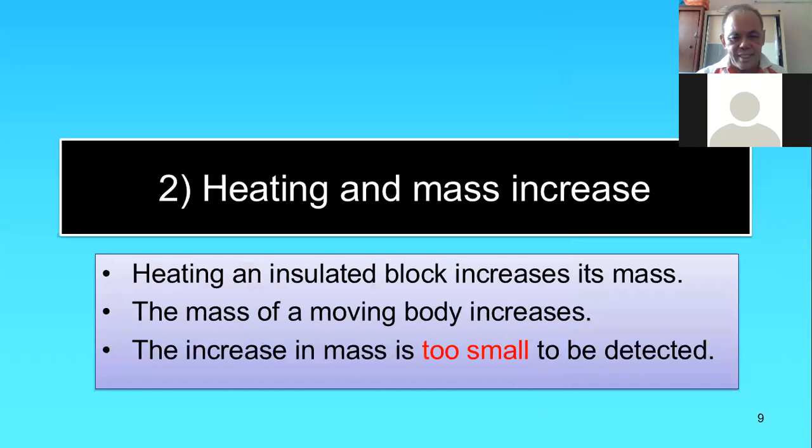Heating an insulator block increases its mass. The mass of a moving object increases, right? When it's moving, it has speed, and then Einstein's relation tells us mc squared, so the mass must increase. But we will discover that the increase in mass is too small to be detected. Too small.